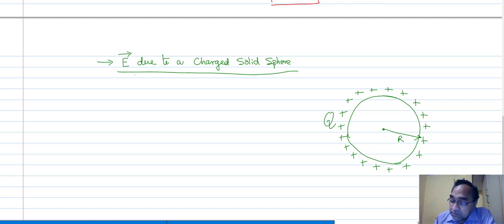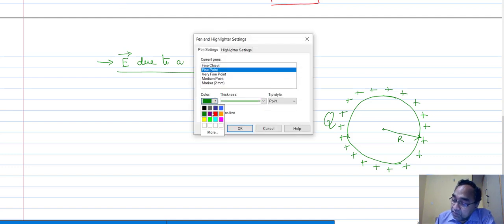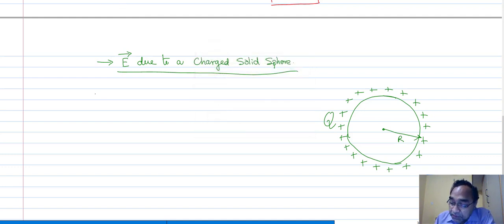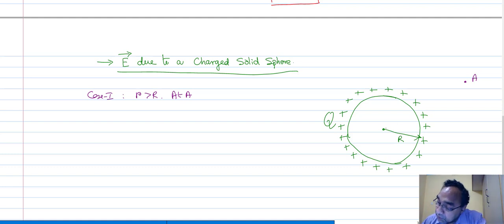Now we are taking different cases. First case, r greater than R, that is at A. This is r. The case is similar to what we did in case of a hollow sphere.